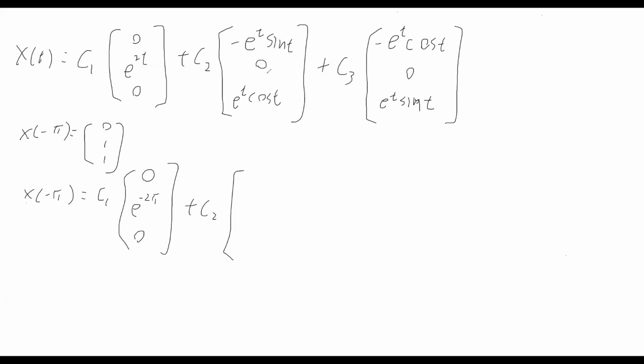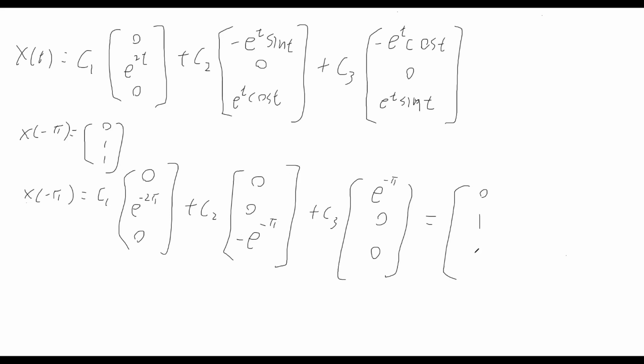So sine of negative pi is 0, and cosine of negative pi is -1, so negative e^(-pi) in the last spot, plus C3, and sine of negative pi is 0, cosine is -1, so that's positive e^(-pi). And that is equal to 0, 1, 1.